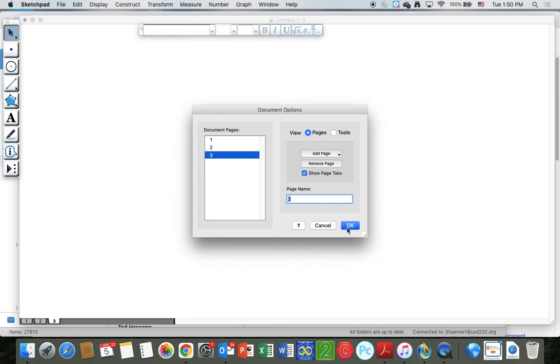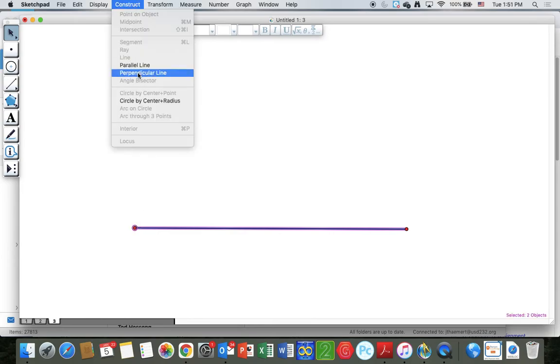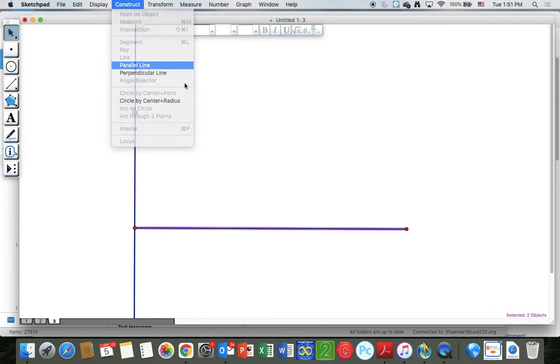Okay. So now the next page is going to be a rectangle. So a rectangle looks like a parallelogram, but we have perpendicular, we have 90-degree angles here. So they're still parallel as well. Parallel.